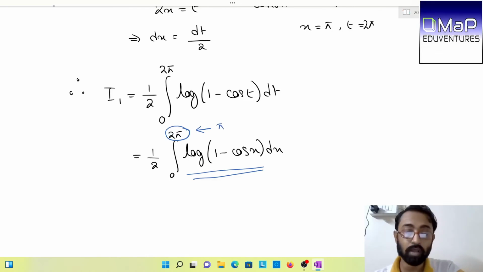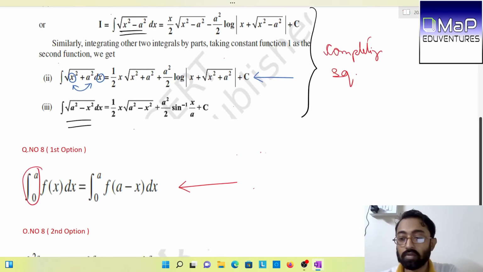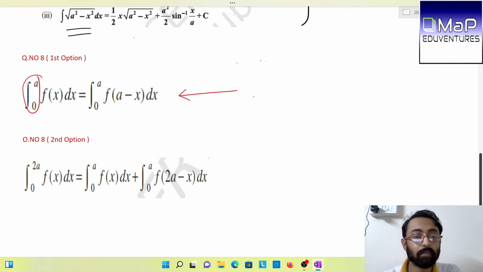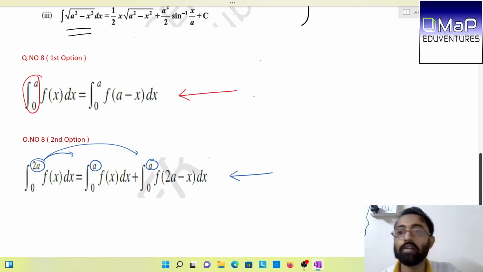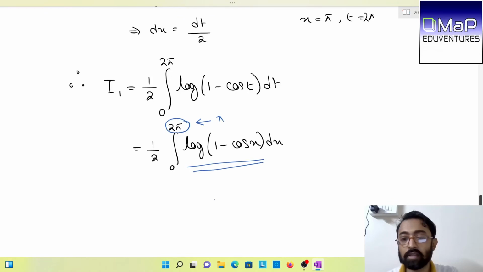So what to do? Now you have to convert this twice pi to pi. For that we will go to this formula. A property where from twice a we have converted to a. Okay, so if you want to change from twice a to a we will use this property. So here we will do the same work. Let us use that property.